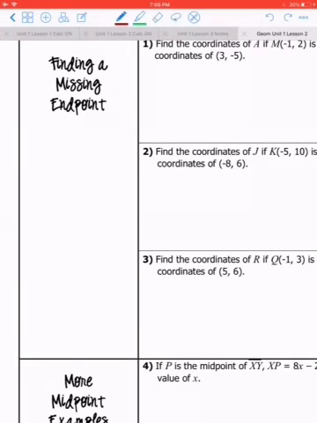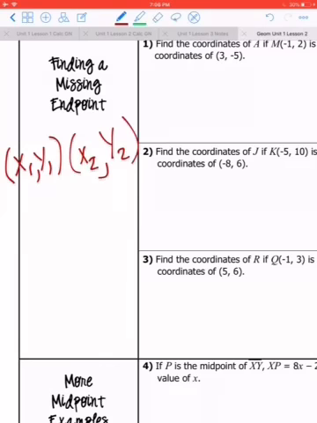So your original x1, y1, your 2 points, and x2, y2, to find the xy of the midpoint.